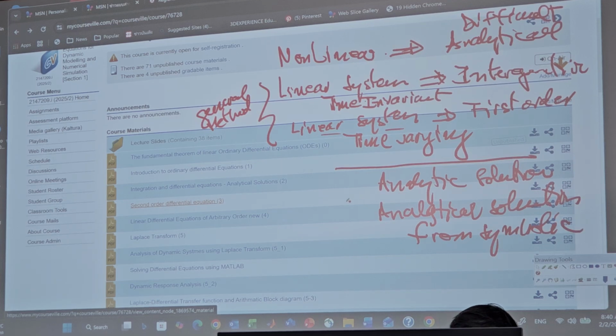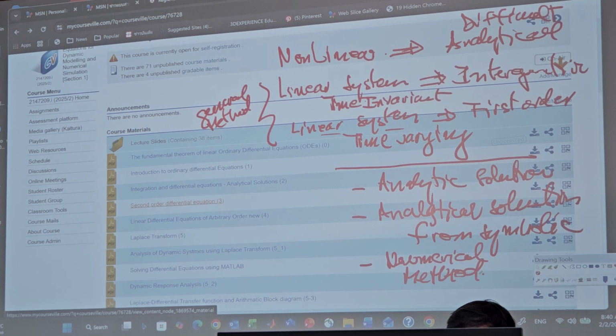But it's not guaranteed you're going to have a solution. Not guaranteed anyway. If you cannot find an analytical solution from the general method or from symbolic math, you can also use a numerical method, right?